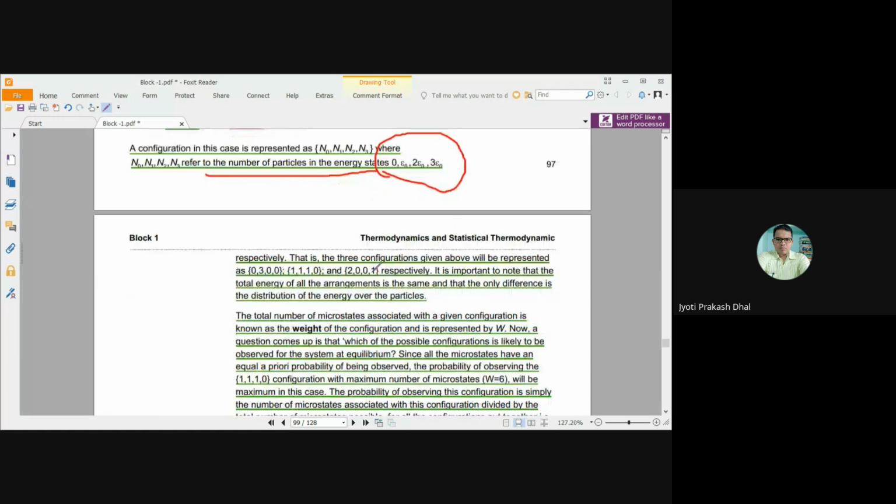That is, the 3 configurations given above will be represented as 0, 3, 0, 0. That means all 3 particles are at the epsilon 0 energy level.